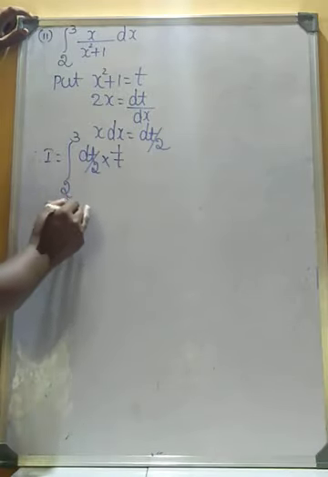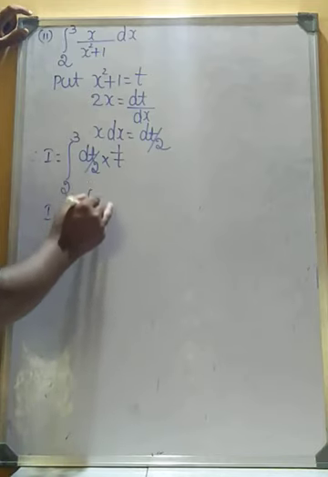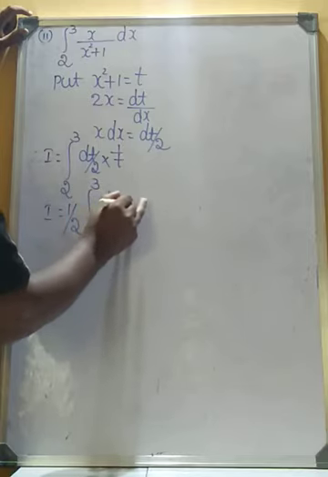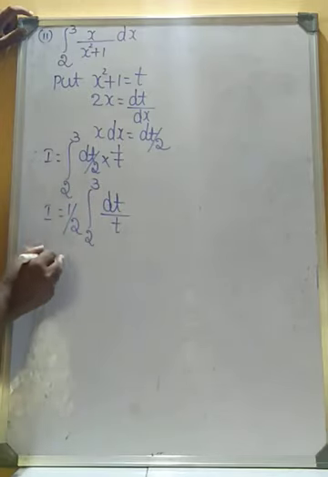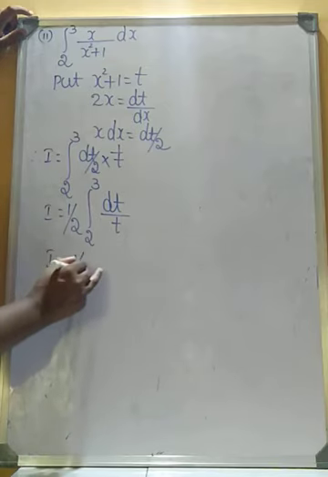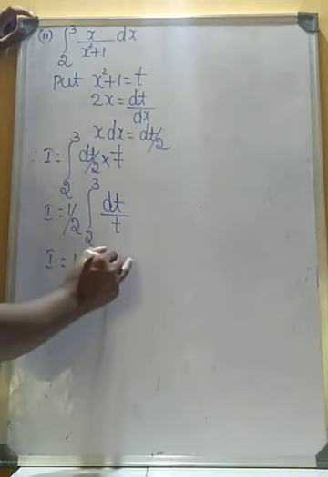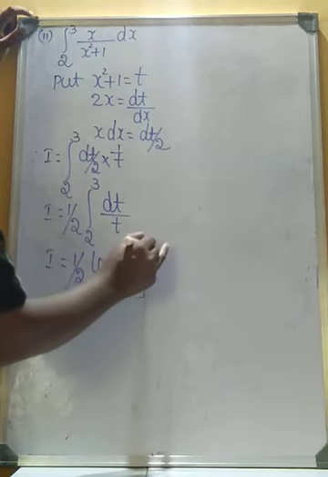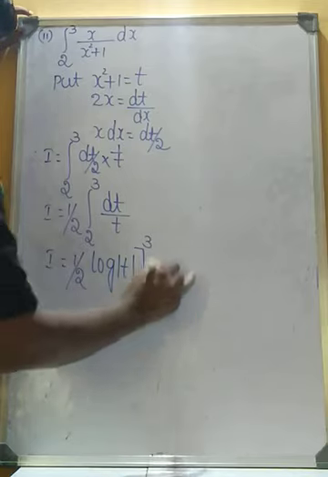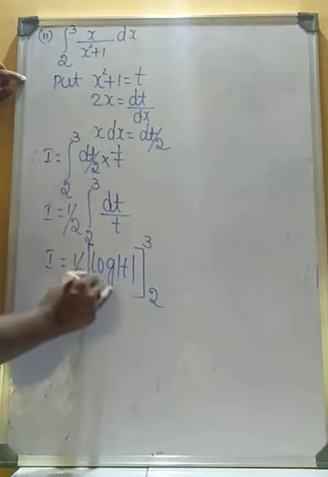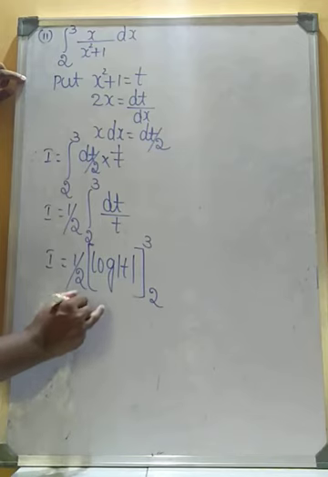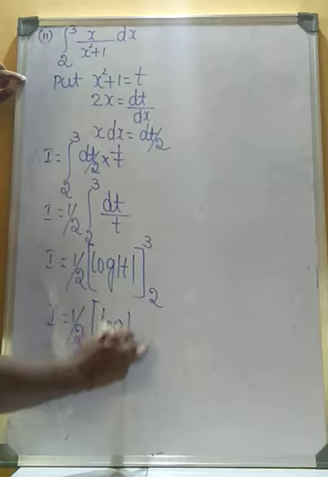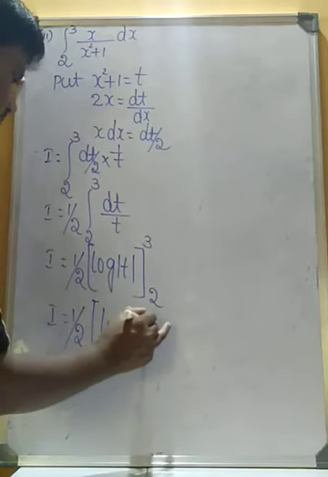Therefore I equals 1 by 2 integral from 2 to 3 of dt divided by t. Therefore I equals 1 divided by 2, integral of dt by t is log mod t. Upper limit is 3, lower limit is 2. Therefore I equals 1 divided by 2 log, what is t? t is x square plus 1.